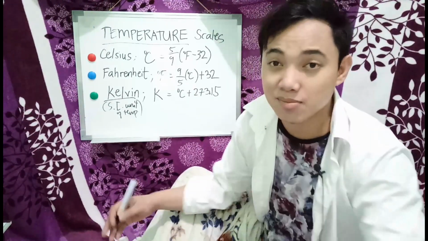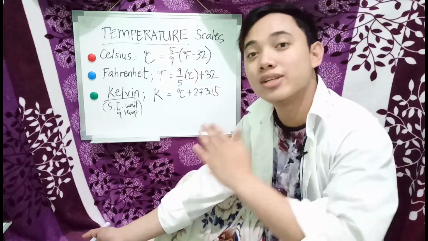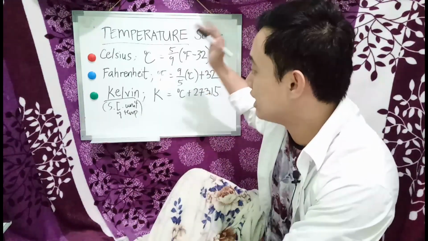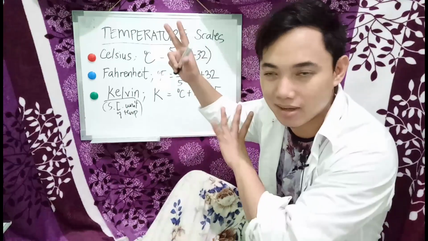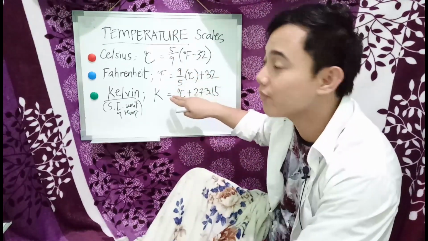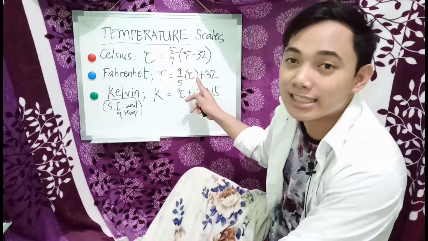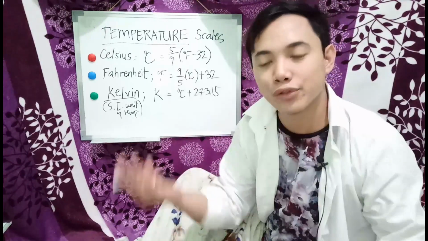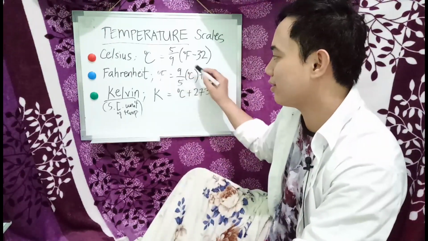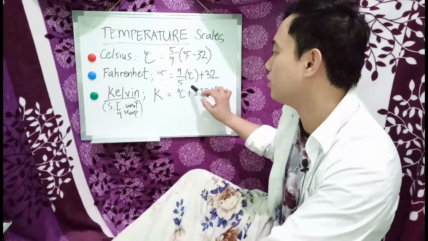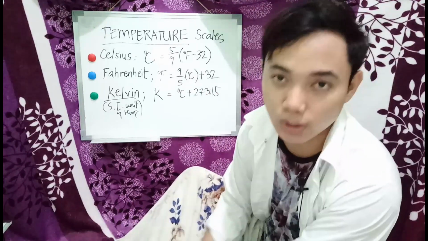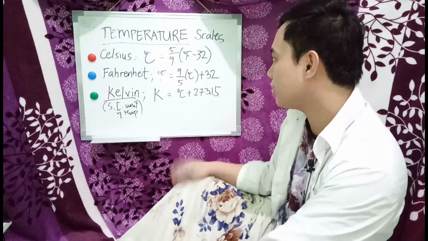Ngayon, sa degree Fahrenheit, since mataas yung value, yung formula niya is 9 over 5, kasi mataas, di ba? So 9 over 5, tapos i-multiply mo siya sa degree Celsius. Then after getting that calculation mo, saka ka mag-add ng 32, plus 32.